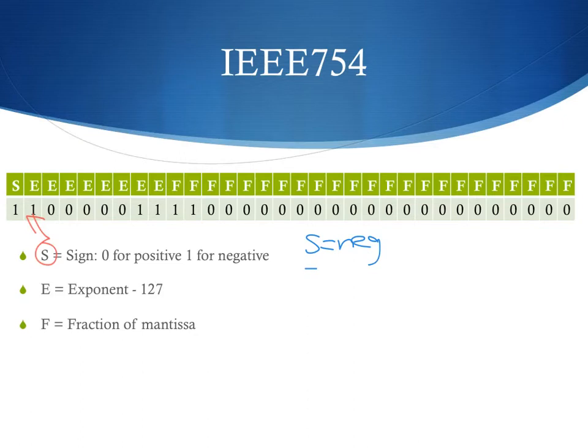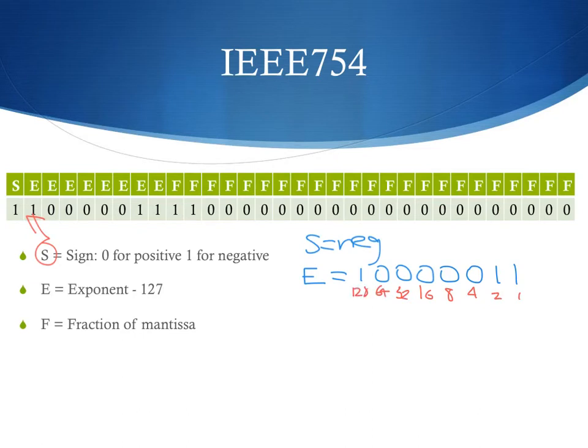Okay, my E component, and this is just how I represent it, stands for my exponent, and that's going to be 8 bits, 1, 2, 3, 4, 5, 6, 7, 8. Okay, and if I convert that binary to decimal, I'm hoping by this time in the term, guys, some of you are getting pretty close to being able to see what that number was.